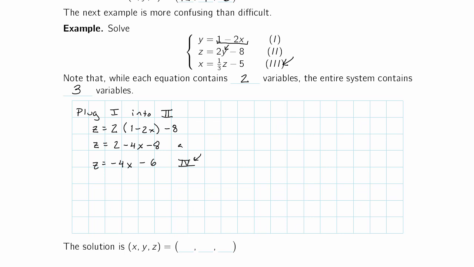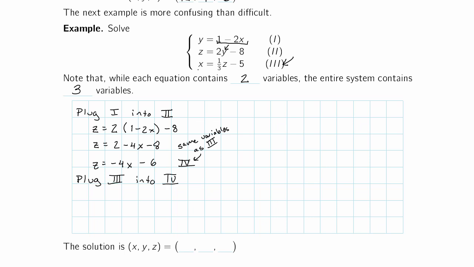So equations 3 and 4 now form a system in x and z. And I can plug, it looks like, either one of those into the other. I think my fraction-related life will be easier if I plug 3 into 4.